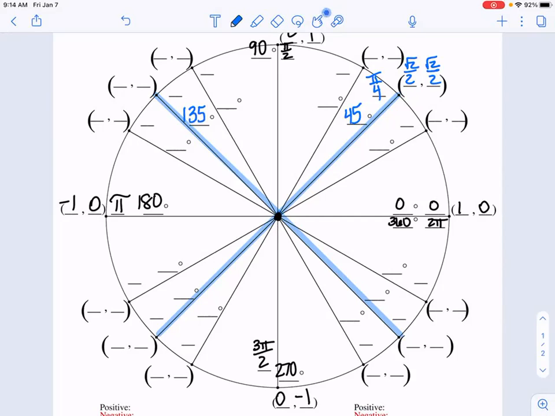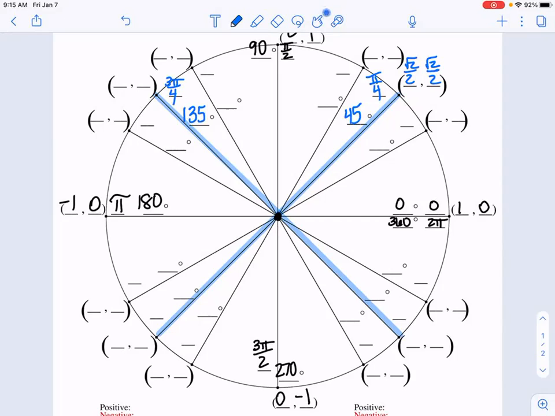Okay, so if you're trying to remember these angles, this guy's 45 away from 180. So let's go to radians. We are pi over 4 away from pi. So 1 pi, subtract pi over 4. We're at 3 pi over 4.